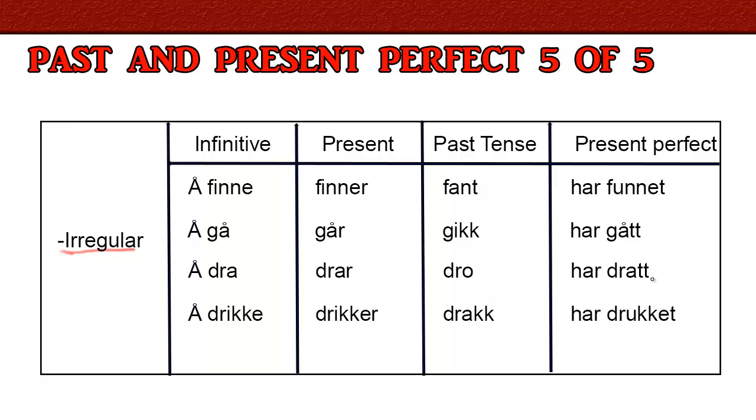I can just mention, if you go in the dictionary, you will often find different options for the verb. For instance, here you could have said dradd, and this is also for all groups. So it makes it kind of difficult, because some of them are much more common than others.